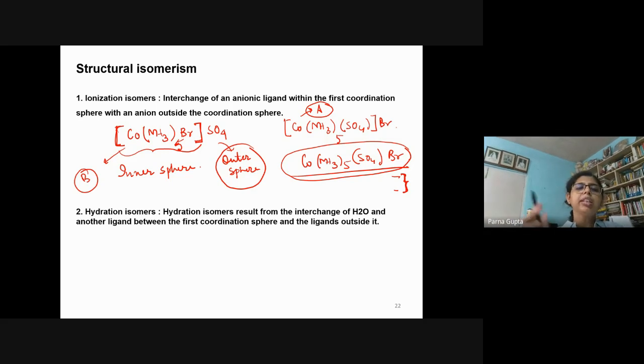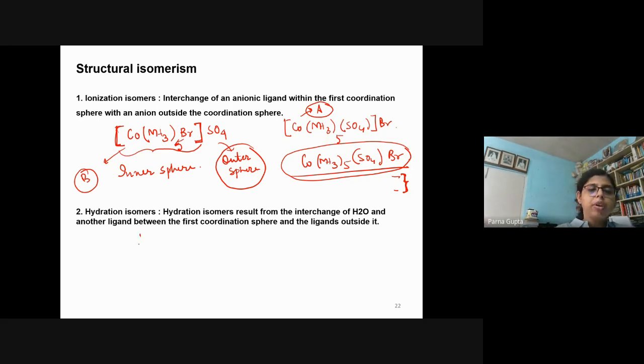Now the next term is hydration isomer. Hydration isomer is actually the same thing as ionization isomer, but definitely it involves the water molecule, and for that reason it is called hydration isomer.